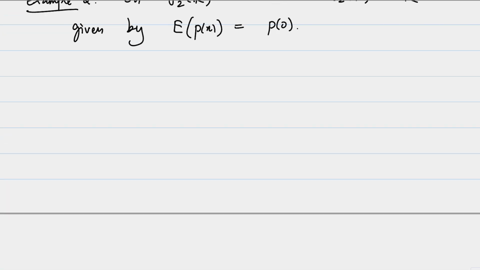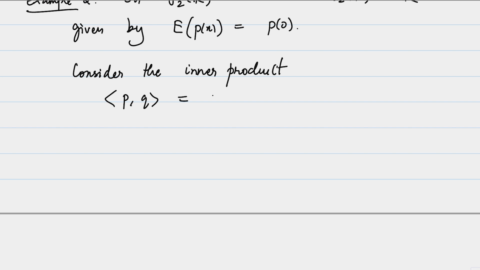Now let's see, P2 of R has dimension 3. It's a finite dimensional inner product space. Let's look at the inner product with which we would like to consider P2 of R. Consider the inner product of p comma q as being equal to the integral from minus 1 to 1 of p(x) q(x) dx.